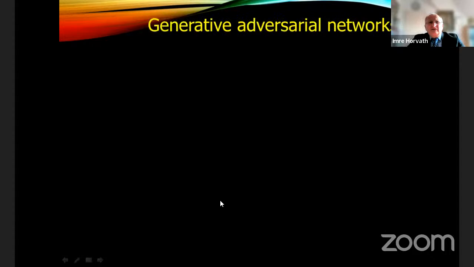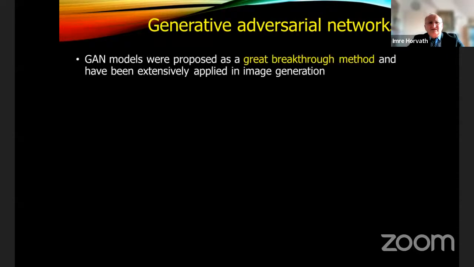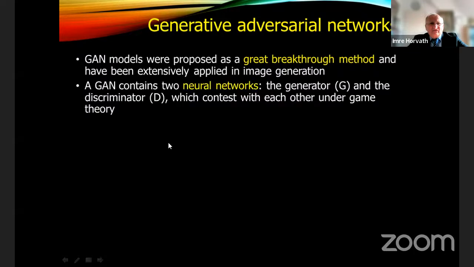The other category I would like to bring up is the so-called GAN, or generative adversarial network. Let's look into the major characteristics of this type of network. GAN models were proposed as a great breakthrough method and have been extensively applied in the image generation field.